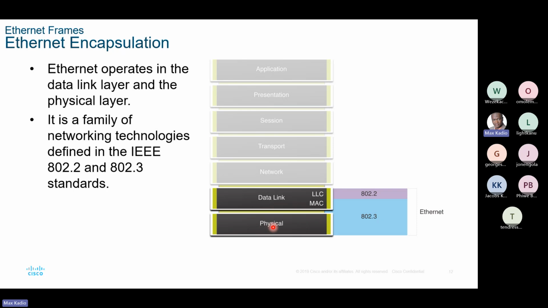This is the physical layer, and this is the protocol number dealing with 802.3 and 802.2 for LLC. Now what will happen at the data link is what we're going to study, and how the switch will process the data coming from layer 2.